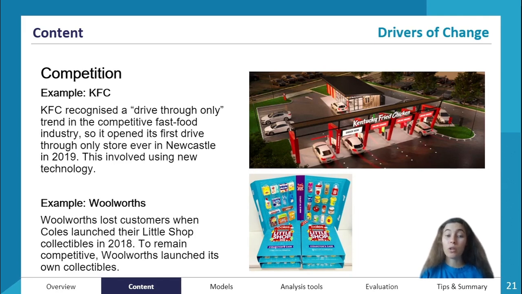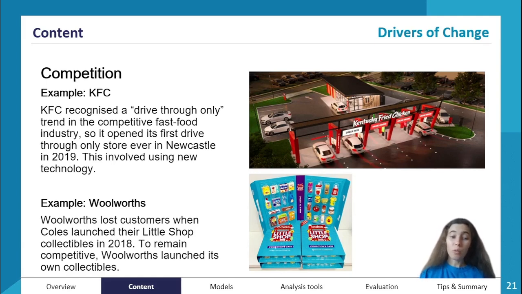And this involved using new technology. Of course, if you're going to only have drive through, then you will have a bunch of things technology wise to make that happen, because you're far more reliant on having that technology to take people's orders and to make sure it's efficient and it's not going to get orders wrong and things like that.